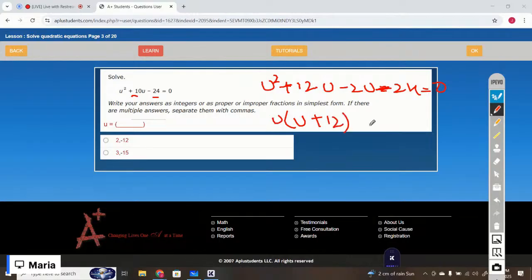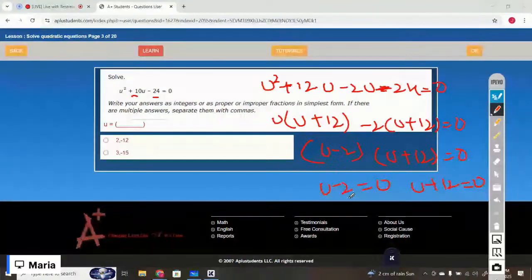So let's just take u common, and negative 2 common. So (u minus 2) and (u plus 12) equals 0. So u minus 2 is 0 and u plus 12 is 0. So u equals 2 and u equals negative 12.